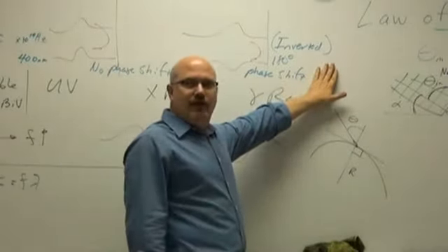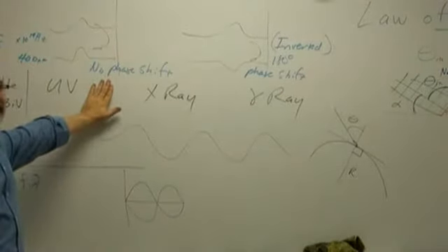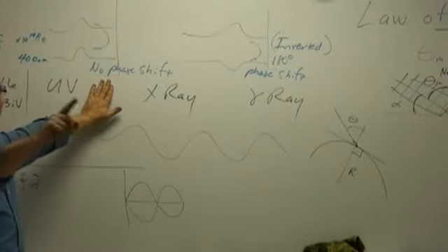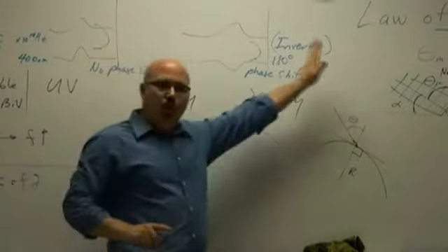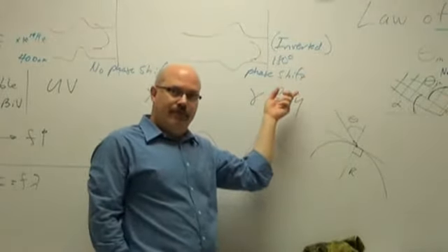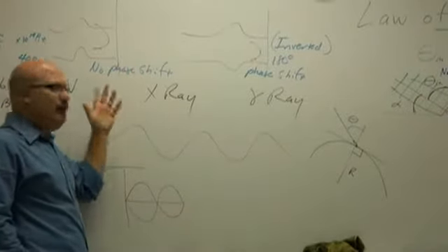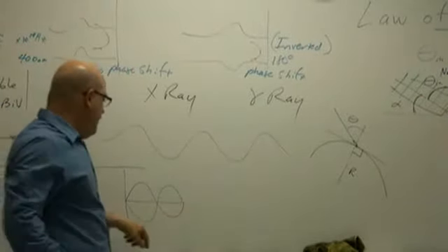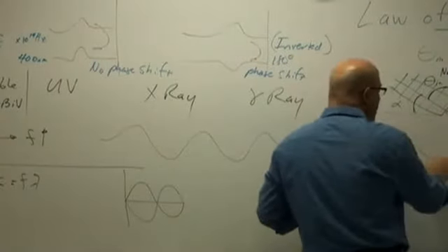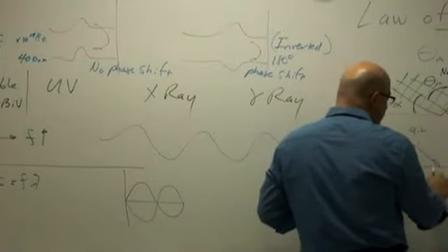So when will it be inverted, and when will it come back upright? When will it have a phase shift, and when will it not have a phase shift? Yeah, when it hits a more dense material, it'll come back flipped over. When it hits a less dense material, it'll come back upright. So, see if you can guess this one. What if, here's a light ray coming in like this from air to water.